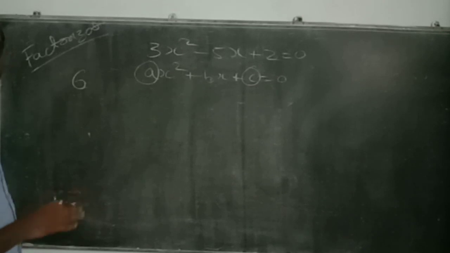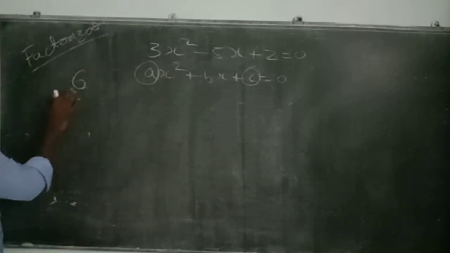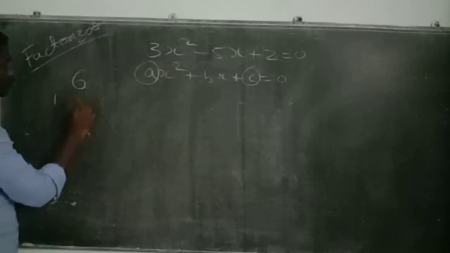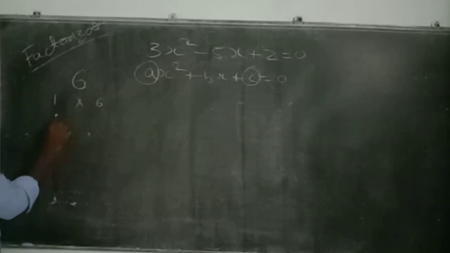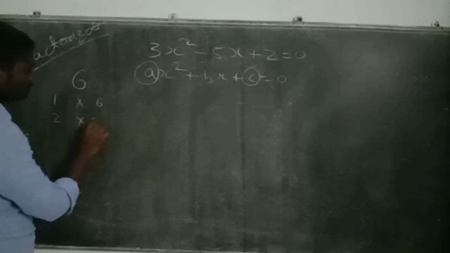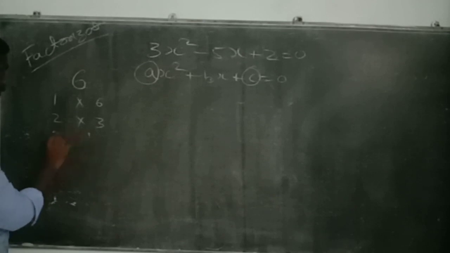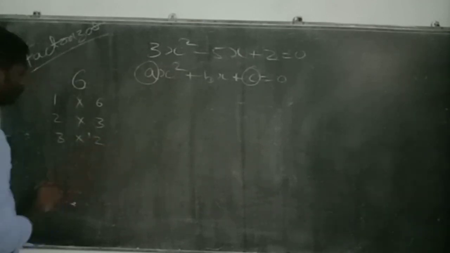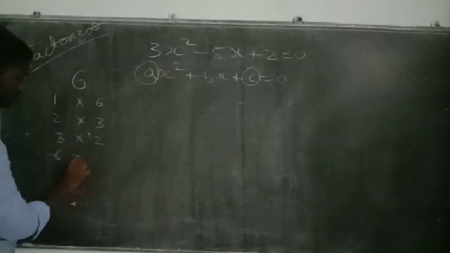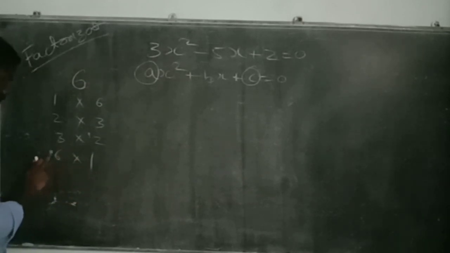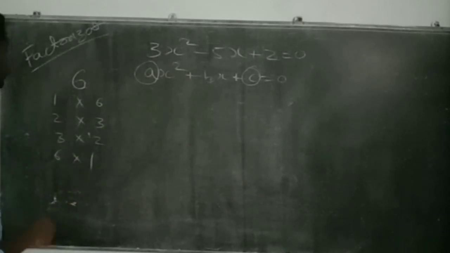And we have to write the factors of 6: 1 into 6, 2 into 3, 3 into 2 and 6 into 1. So these are the factors.